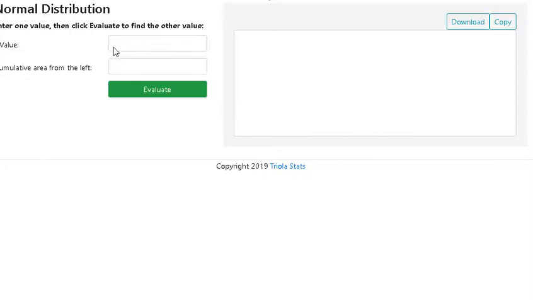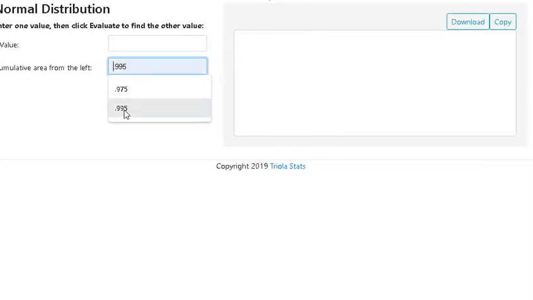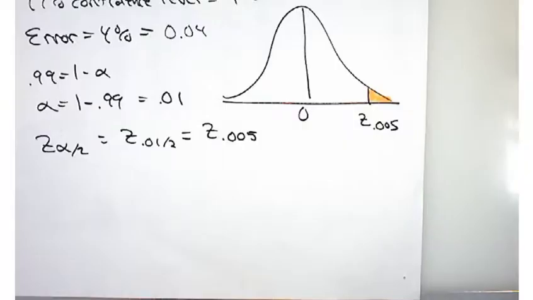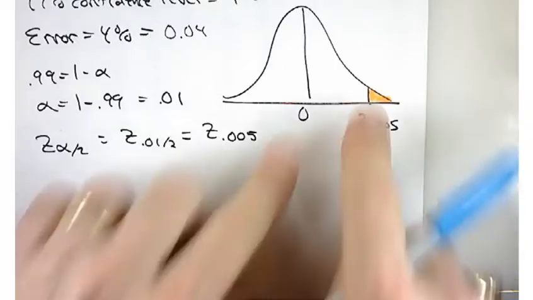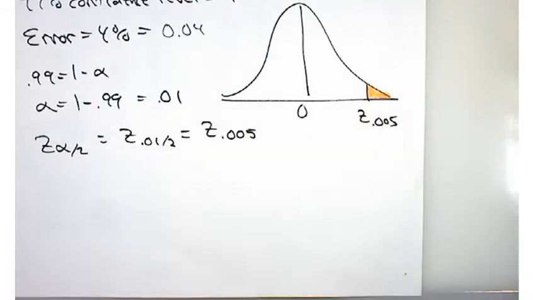Now, it depends on what you've got. You can either type in the z value and get the area, or type in the area and get the z value. Now, in this case, we want the area. It's asking for the area in the left tail. What you have to realize is that area in the left tail is 1 minus the area in the right tail.